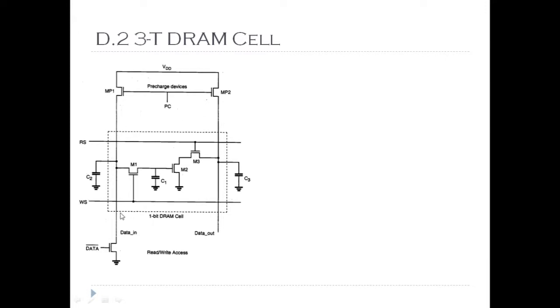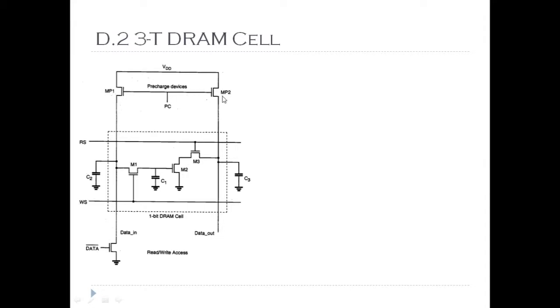At the bottom of this data in column, you can see a transistor whose gate is connected to the data bar signal. So the data which needs to be written to this cell can be applied at the input of this transistor, but in the complementary form. And there are two precharge transistors.